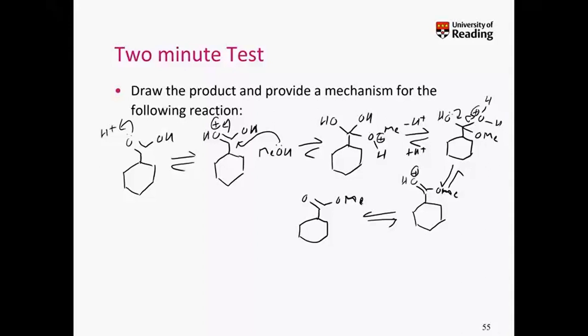Okay, so that is how we would try to create an ester from attack of an oxygen carbonyl onto a carboxylic acid. In reality, this isn't necessarily the easiest way to do it, and we would possibly use a more reactive carbonyl species to start with.